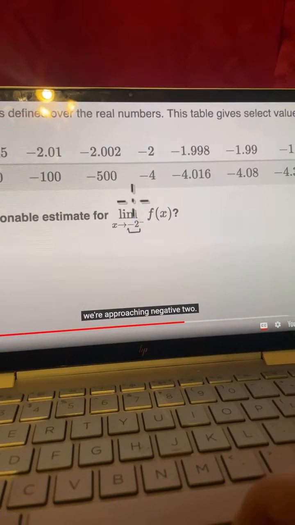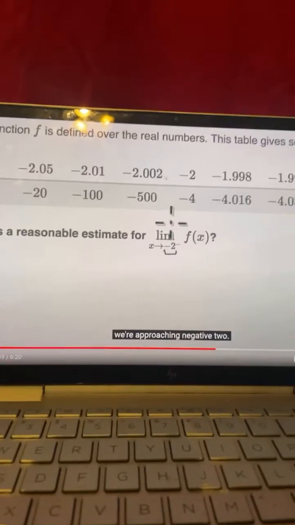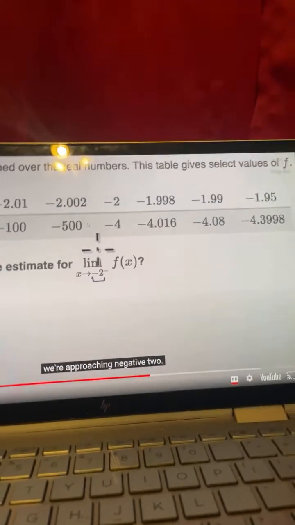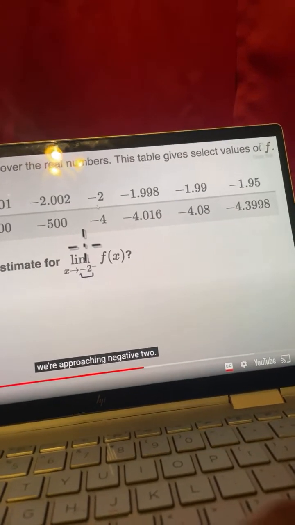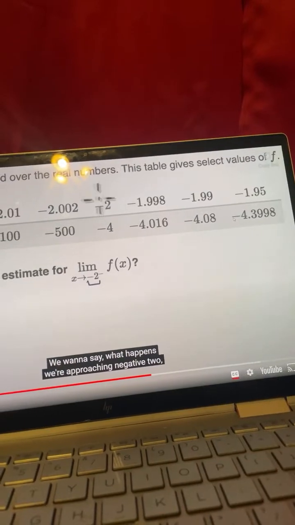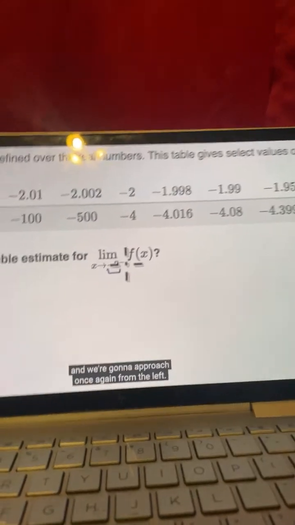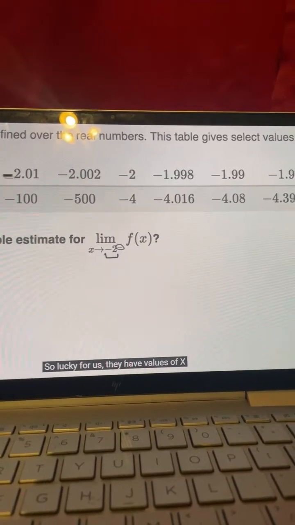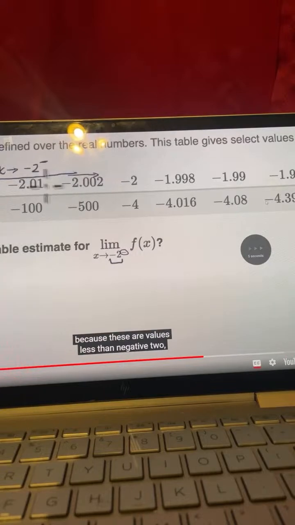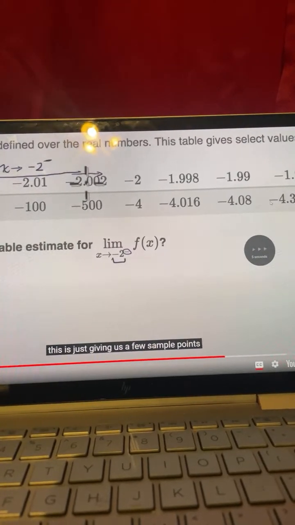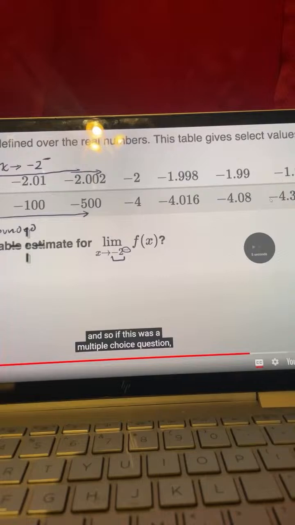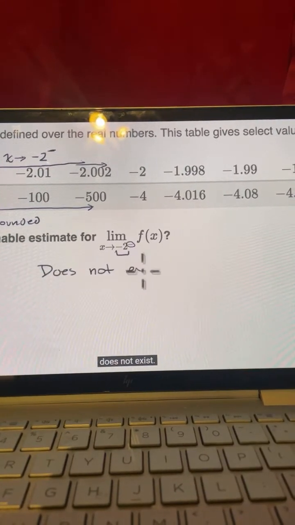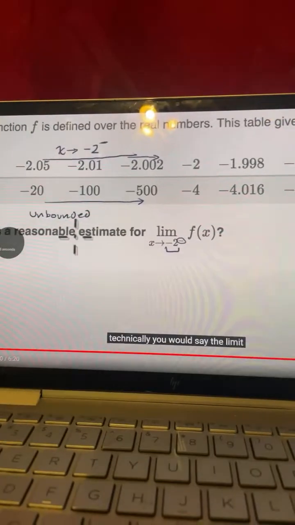This is 2.05, 2.01. So it's approaching -2, as we can see here. 2.5, 500. So like 1,000 perhaps? Oh, unbounded.